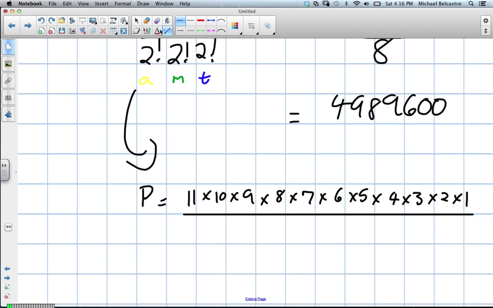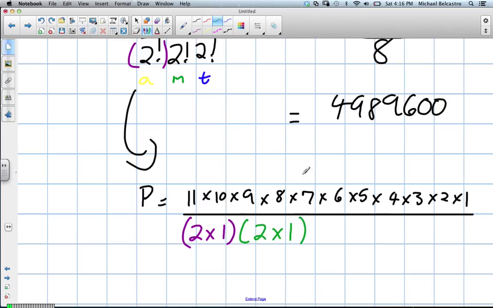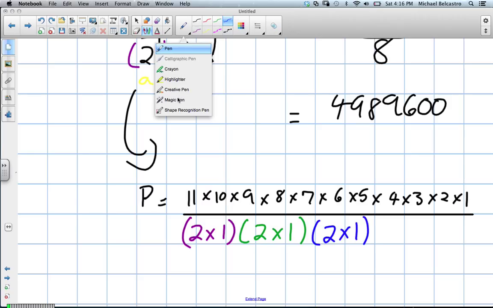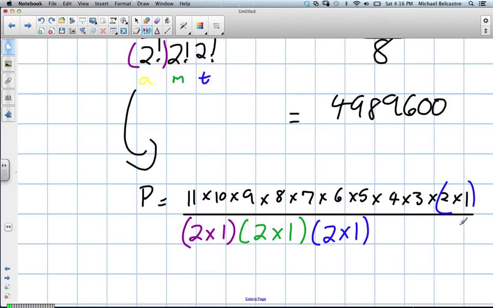And then at the bottom, each permutation, so we'll do them in different colors. We'll do this one in purple so it's a little easier to say. Essentially it said 2 times 1, that represented the first one, multiplied by 2 times 1, okay? Well, in terms of factoring, because this is all multiplication, I want you to notice that we have a set of 2 times 1, and we have another set of 2 times 1.